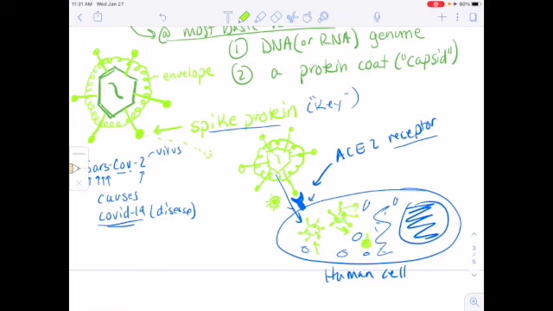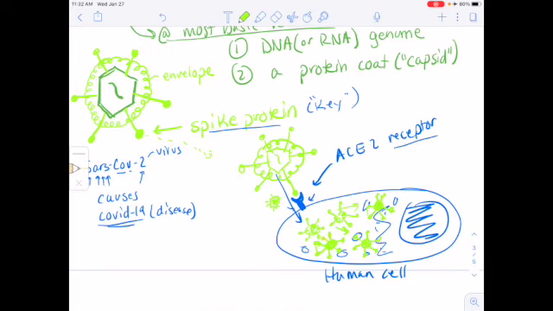So imagine, I'm getting really sloppy here with drawing my coronaviruses, but imagine it taking over a human cell and turning that cell into a little viral particle factory.